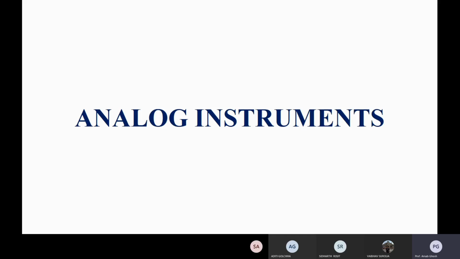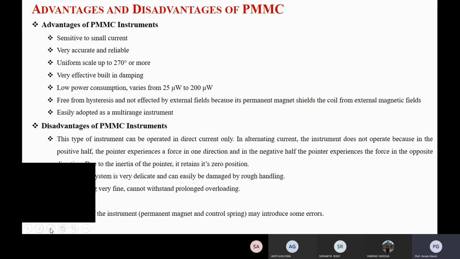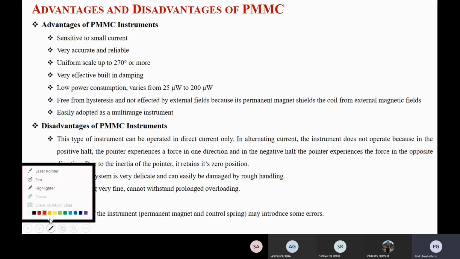But in PMMC, when I had just completed the topic, it has some advantages as well as some disadvantages. We need to know the most important advantages we can observe from the PMMC instrument. First is sensitivity.